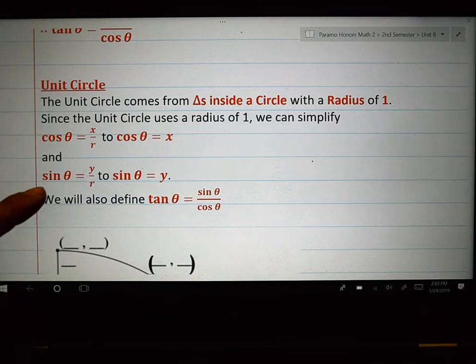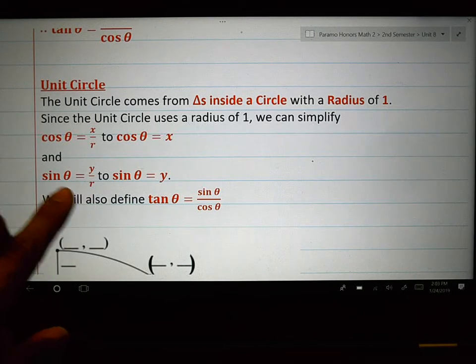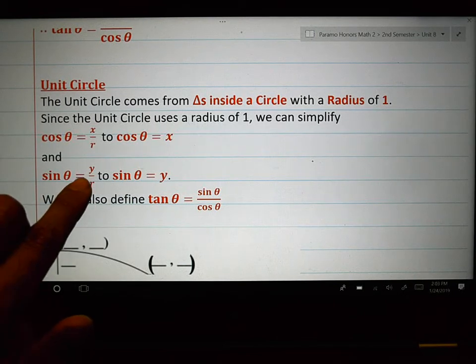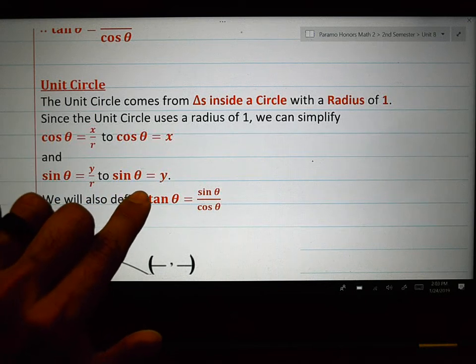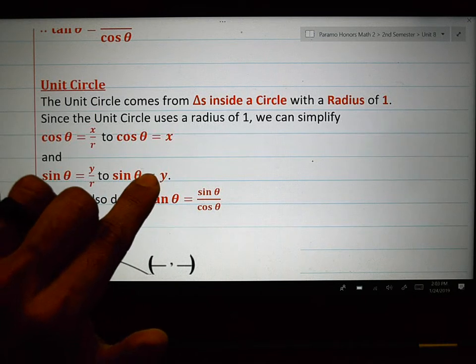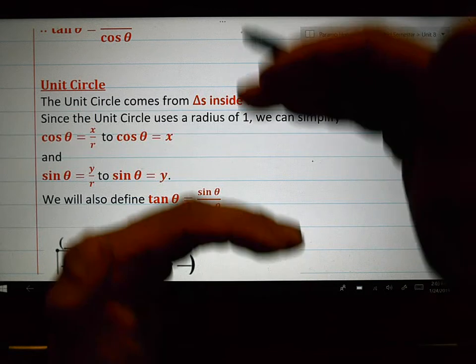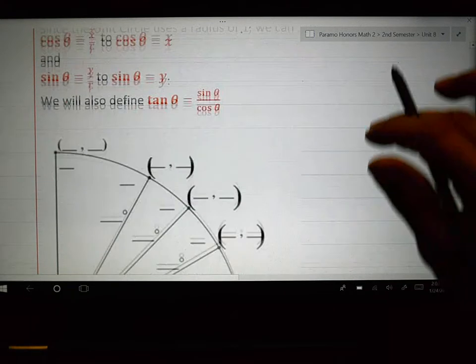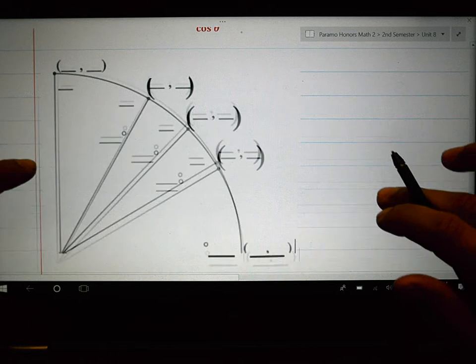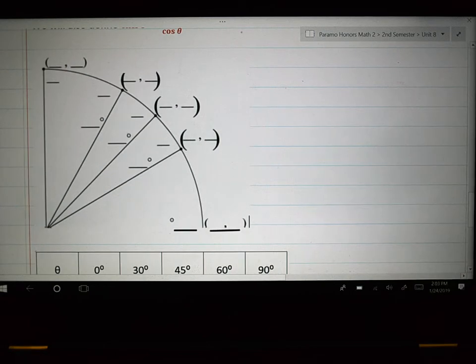Your sine, if the radius is 1, sine of theta would equal y divided by 1. Guess what? The sine of theta will always be equal to your y, otherwise known as your vertical distance. Your cosine is your x coordinate, your sine is your y coordinate. And tangent is sine divided by cosine, which brings us to this. You should have something like this in your notes.